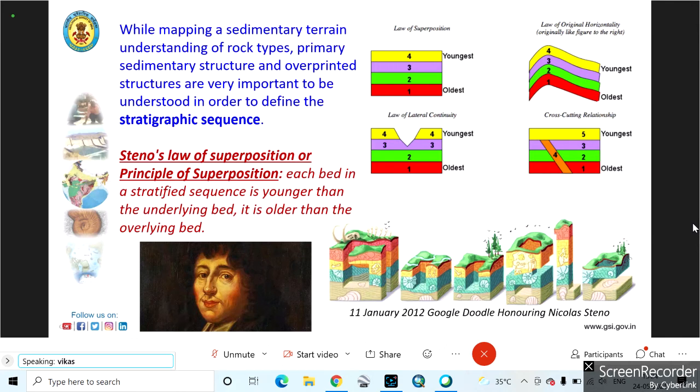So until we are able to understand the structure of these structures, we may get confused and may make some errors during this mapping exercise. So mapping, when we talk about the principle of superposition, is basically stratigraphy. You are going to build up the stratigraphy by using this principle, whether it is deformed or undeformed. Next, please.